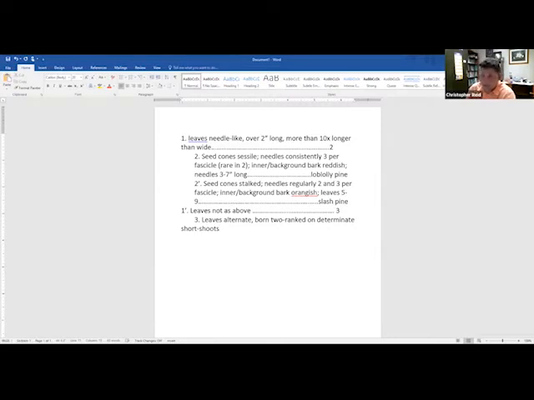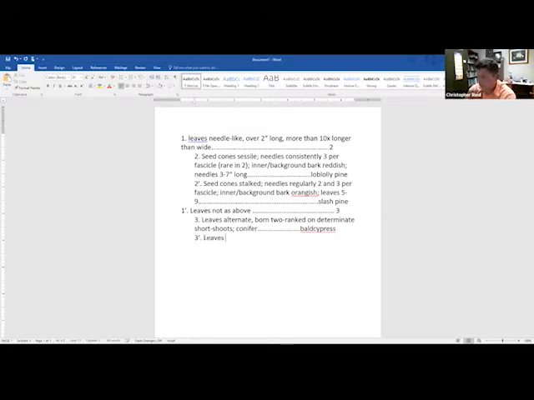Think about bald cypress, the little feathery thing. So leaves alternate, borne 2-ranked on determinate short shoots, conifer. Of course, so are the pines, but we're done with the pines. So cypress.